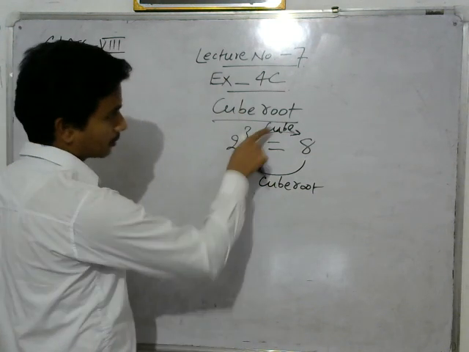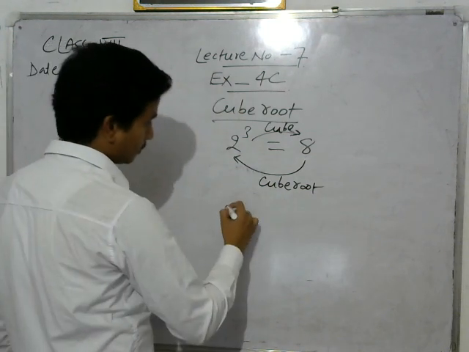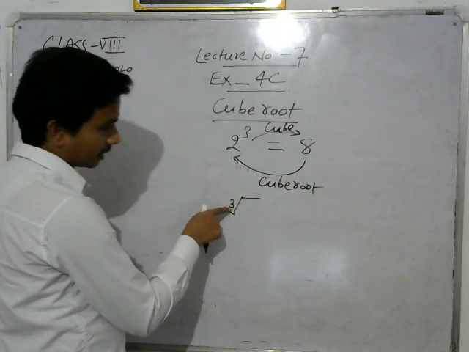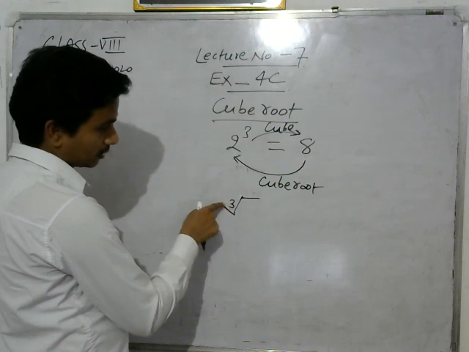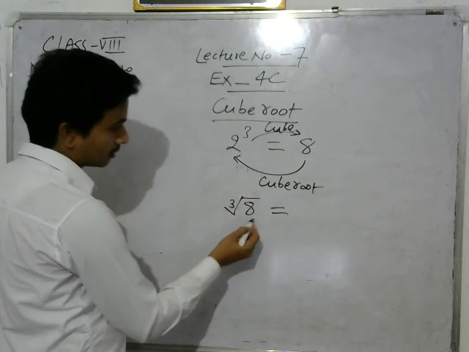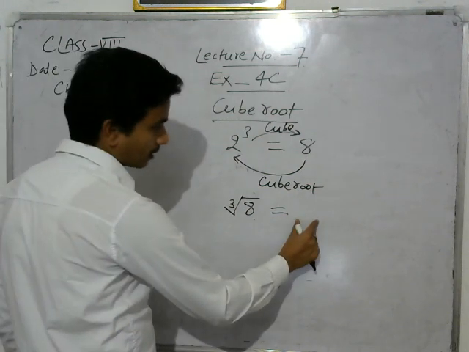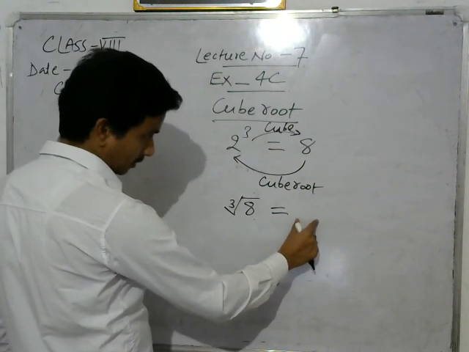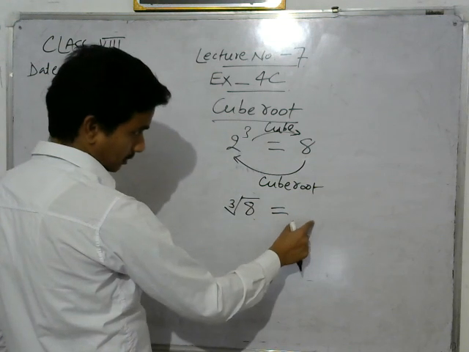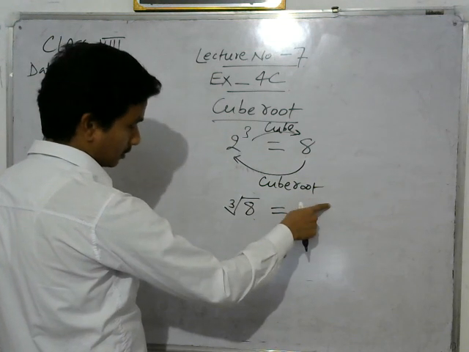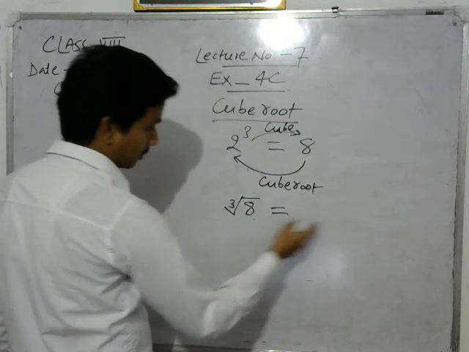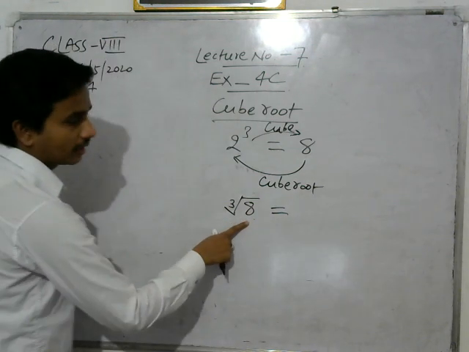Cube root is a reverse process of cube and it is denoted by the radical sign, where you have to write a small 3. Small 3 means cube root. Cube root of 8, what does it mean? It means which number should be cubed, or multiplied 3 times, so that we will get 8.